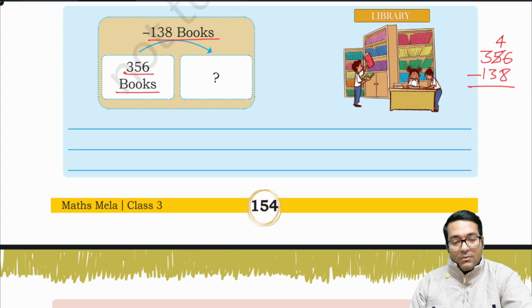There remain 4 tens and 16 ones. 16 minus 8 is equal to 8. 4 minus 3 is equal to 1. 3 minus 1 is equal to 2. The answer is 218.